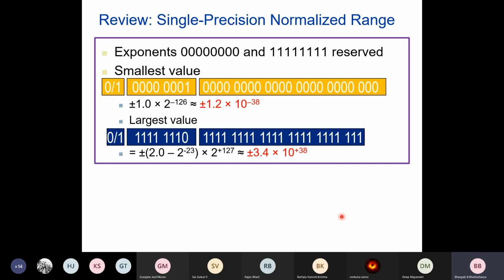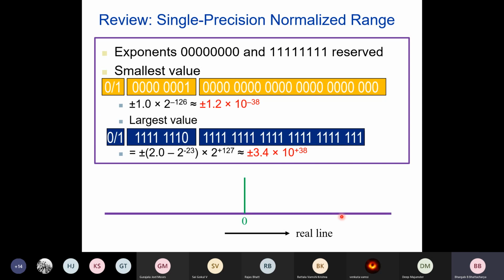Between the maximum and the minimum range, there are ranges in which you can represent numbers. This is the largest possible value on the positive side, this is the smallest possible value on the positive side, and similarly on the negative side. In between you have these representable zones, on both sides.